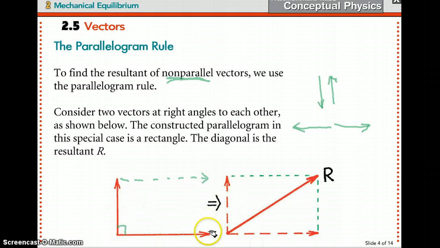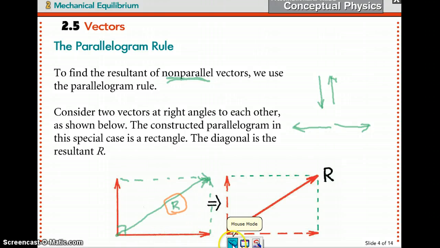We translated it over, and once we've done that, we have been able to create a parallelogram, or a four-sided shape, two sets of parallel sides. And so when we connect where the vectors begin with where they meet at the end, you draw a line through there, and this new vector is called the resultant. The resultant vector, R here, has the total effect that these two red vectors down here have, each on their own by themselves.